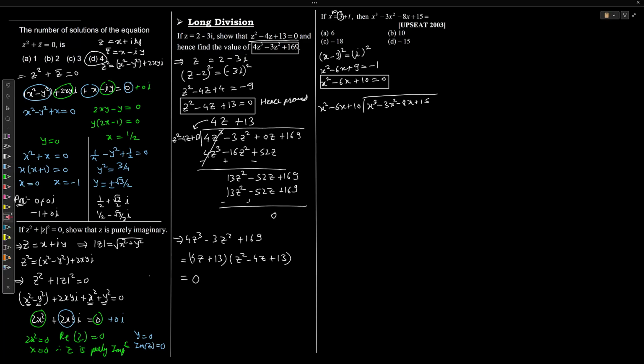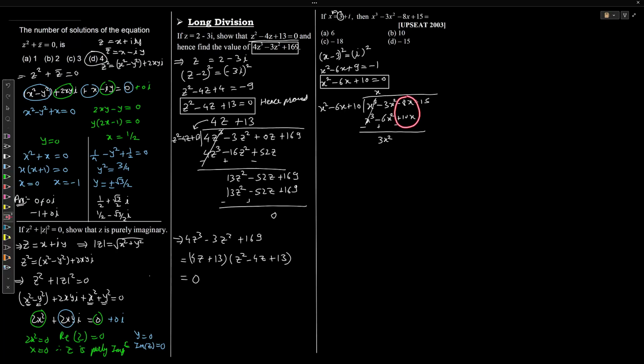So first of all, we need x cube. Multiply x square by x. So we'll get x cube minus 6x square plus 10x. Change the sign. Your x cube will be cancelled out. 6x square minus 3x square, 3x square.